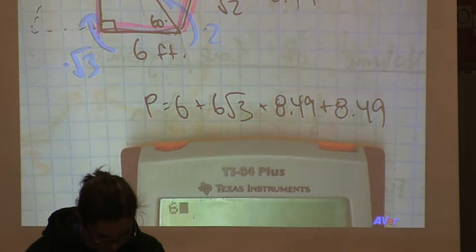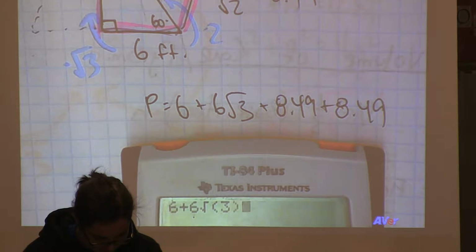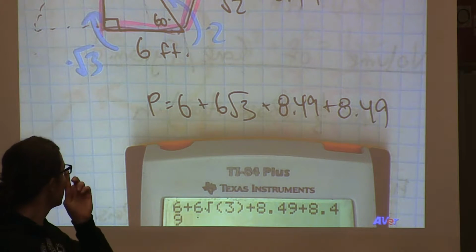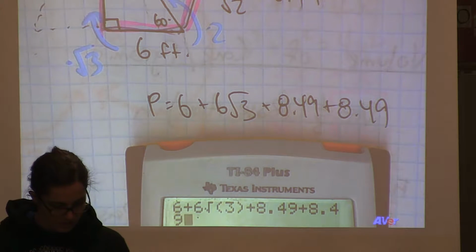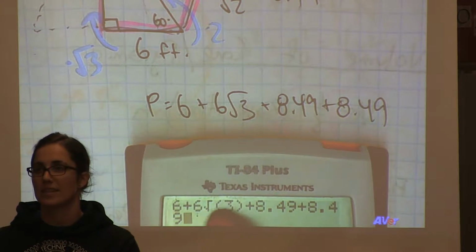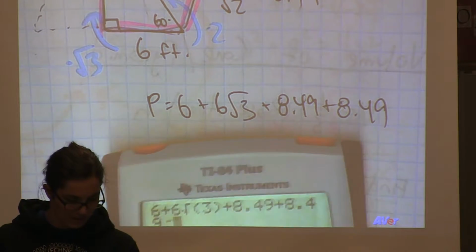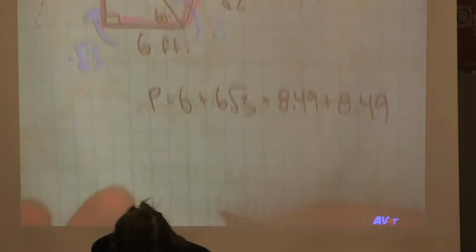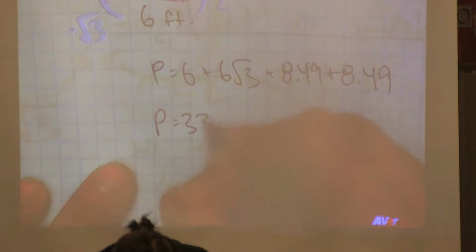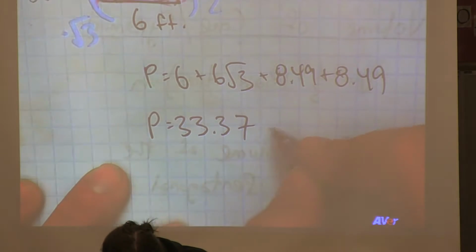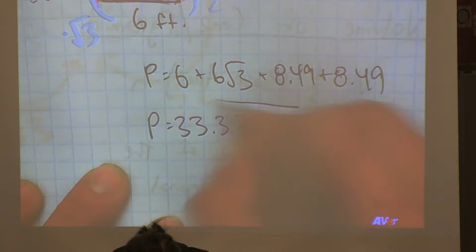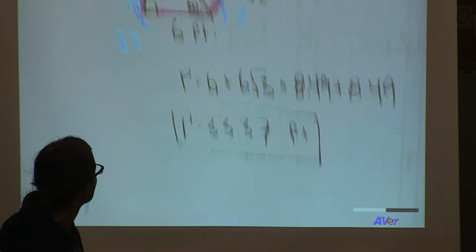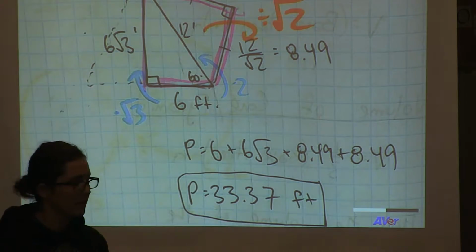Type it all in. Notice I just wrote the 6 root 3 as 6 root 3. 33.37. Feet would be the answer. Not too bad.